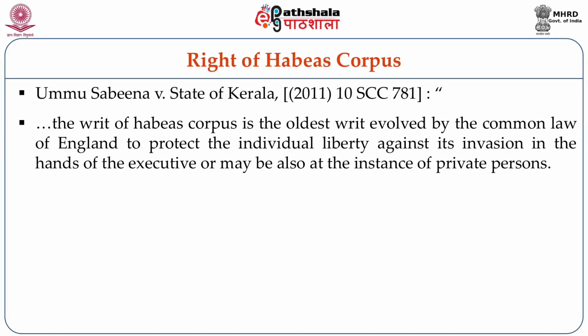What does this case say with regards to habeas corpus? The writ of habeas corpus is the oldest writ evolved by the common law of England to protect individual liberty against its invasion in the hands of the executive, or maybe also at the instance of private persons.